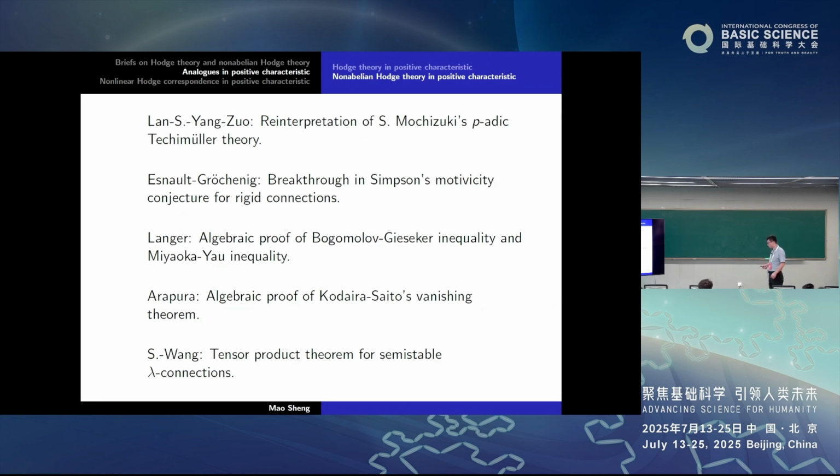The early proof is also by Yang-Mills metric, because if you take the tensor product of Yang-Mills metrics, it is again a Yang-Mills metric, and then you get this tensor product theorem.